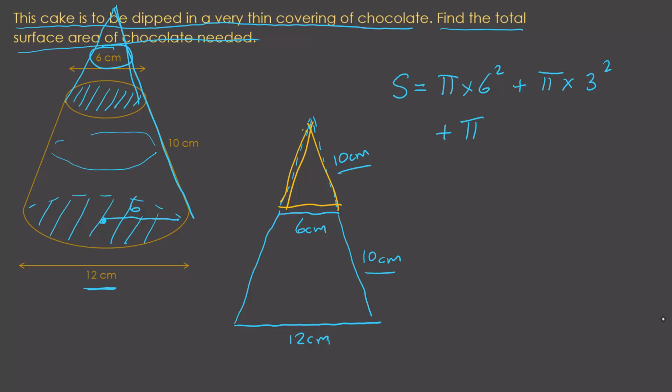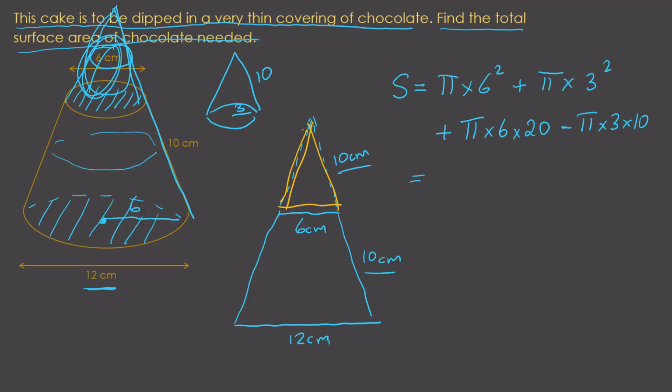So pi RL is pi times 6 times 20. But we need to take off this top cone. Now if we think about the top cone, the radius is 3 and the height is 10. So we're going to take away pi times 3 times 10.